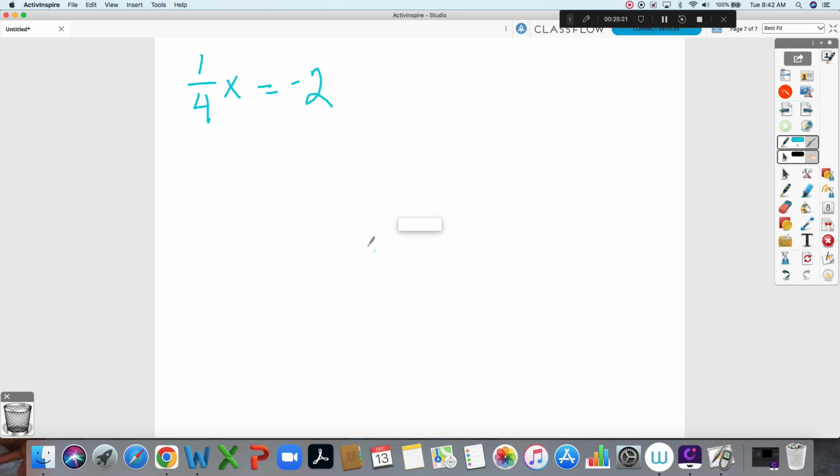In order to divide by a fraction, I have to flip and multiply. Going to flip and multiply my 1/4 into a 4/1.